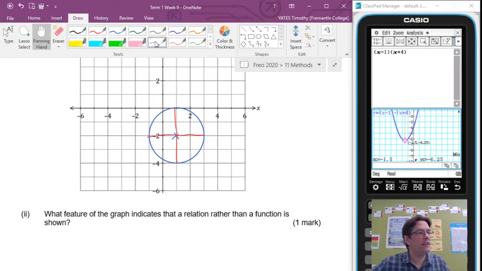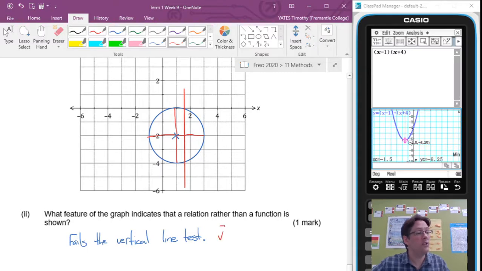What feature of the graph indicates that it's a relation rather than a function? We just want to say that it fails the vertical line test. That's all we really need to say for our 1 mark. If you know what the vertical line test is, we can draw a vertical line, and it passes through that at 2 points.